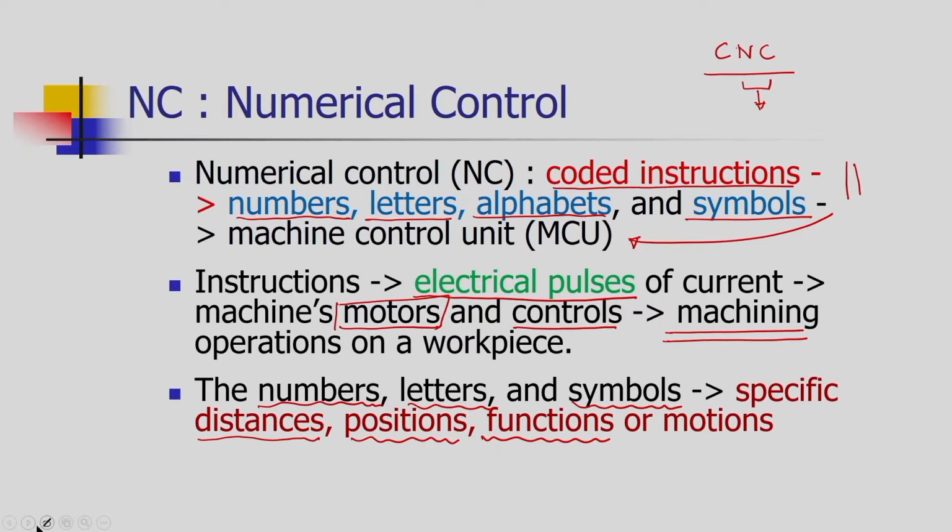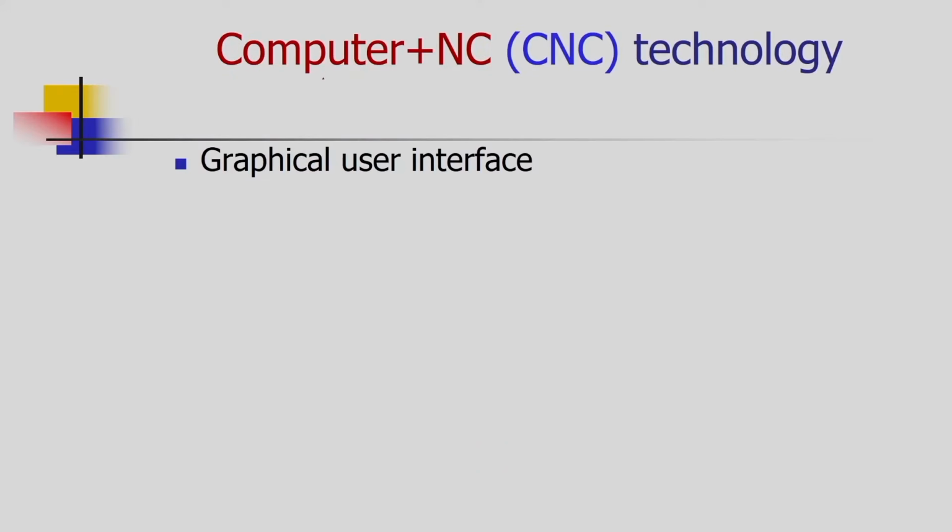To write a simple program, it used to need very long punch cards, and when we wanted to change or edit the program, we had to discard the entire punch card. That is a very cumbersome, lengthy process to develop a program and write it on the punch card. With the use of computers, this problem of editing has now been solved.